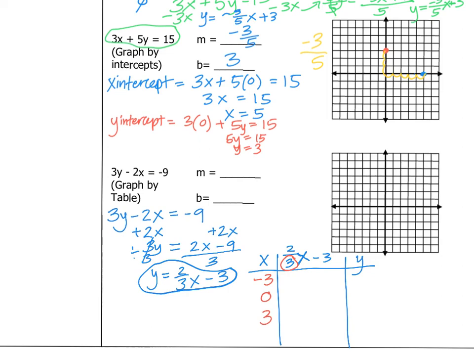When you insert negative 3 into this rule, I can show you your work, or you can do this in your calculator, you will get negative 2 minus 3, and when you do that, you get negative 5. So I'm going to write the negative 2 minus 3 right here, and we get negative 5 as our y.